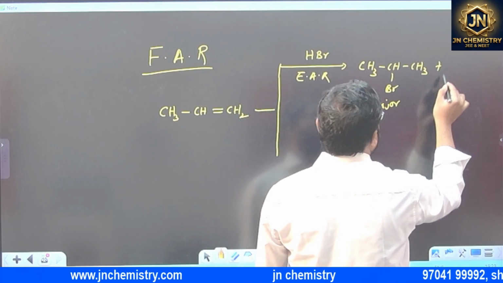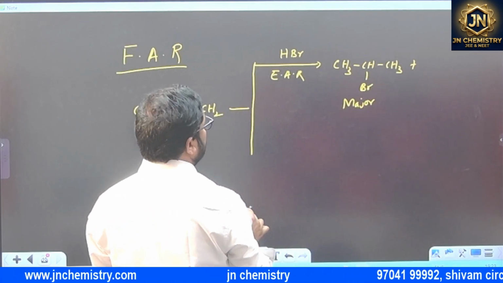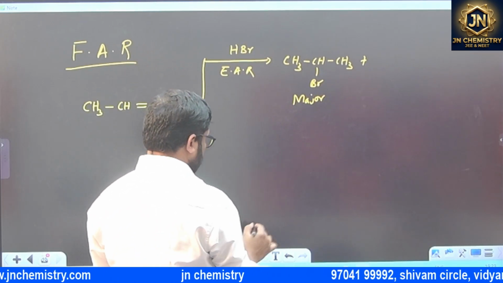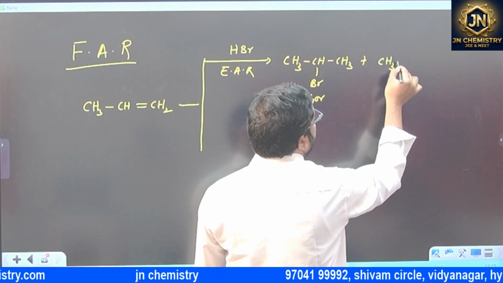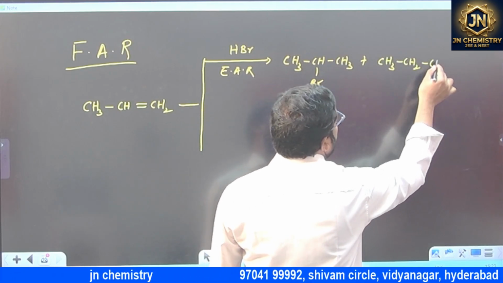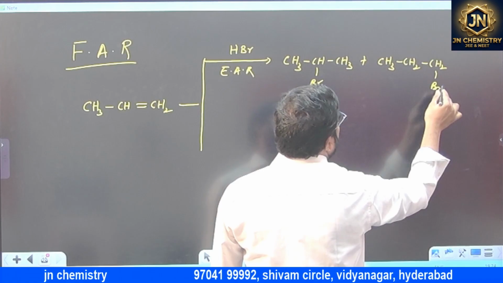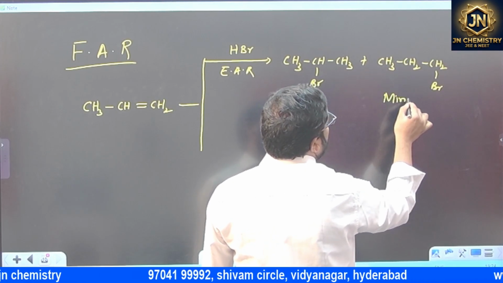And CH3CH2CH2Br, 1-bromopropane, is minor now.